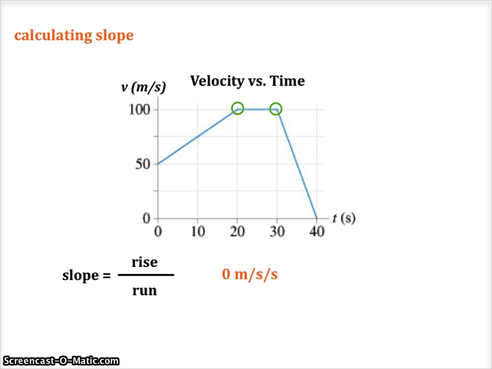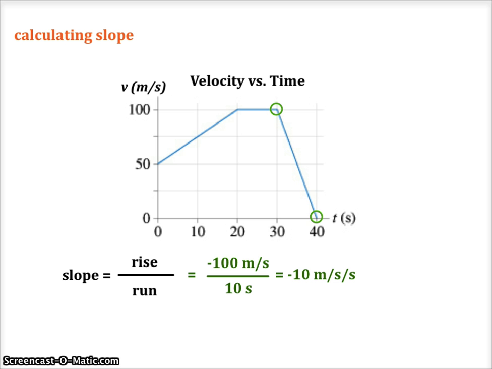That middle section, we don't even need to calculate. Hopefully we know that the slope of a horizontal line is 0. But in this case, that 0 slope doesn't mean that the object isn't moving. It means that the object has a constant velocity. And so in that case, we would say that there's no acceleration or that the acceleration is 0. In the last section, we can see that the graph slopes downwards.